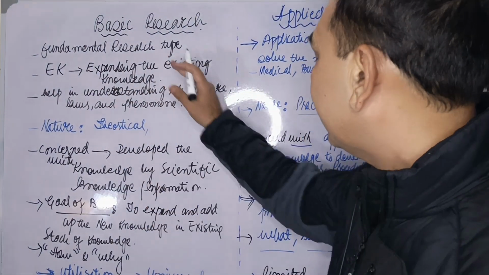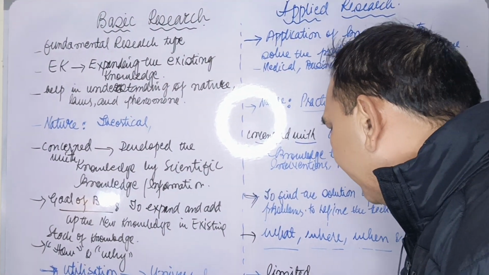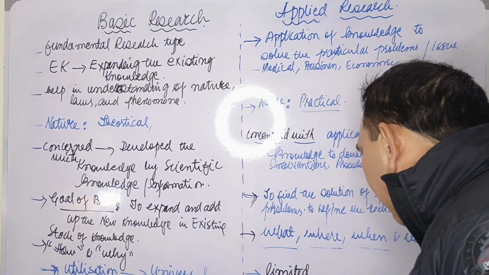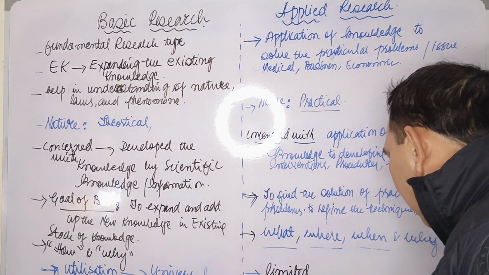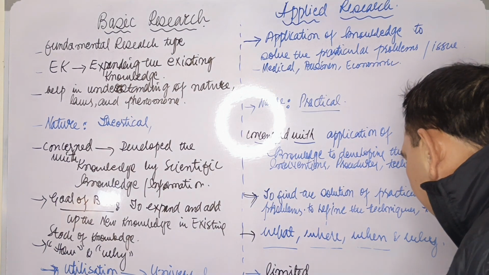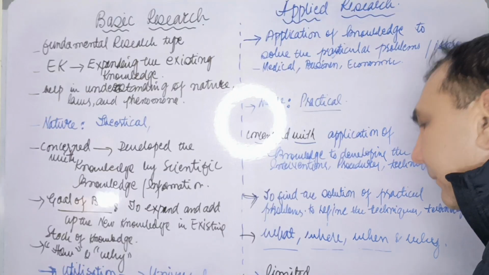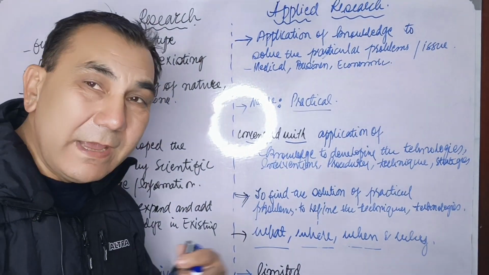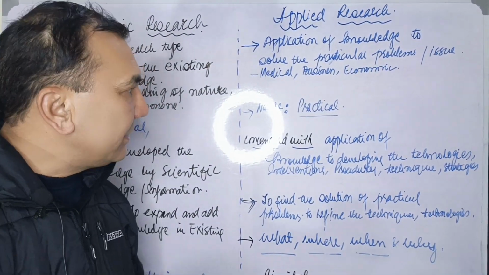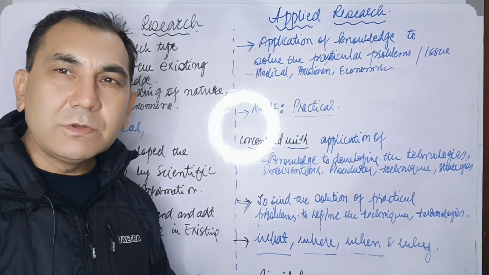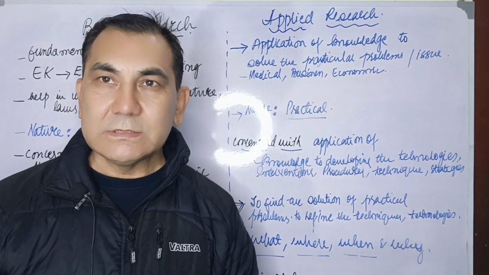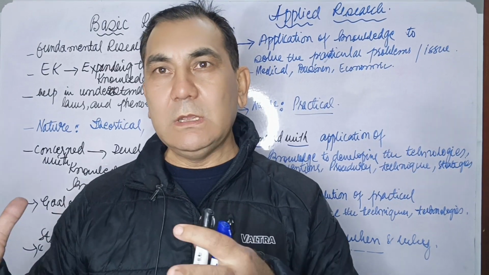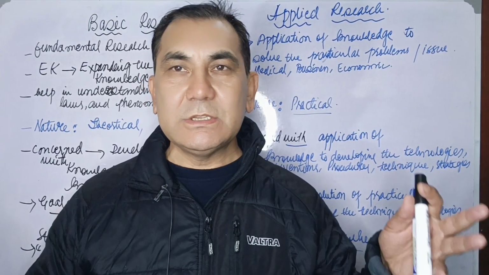That's called basic research. While applied research is to solve problems or issues. So it always refines the knowledge, or finds the solution. I hope the concept about the research types, basic research and applied research, is clear.